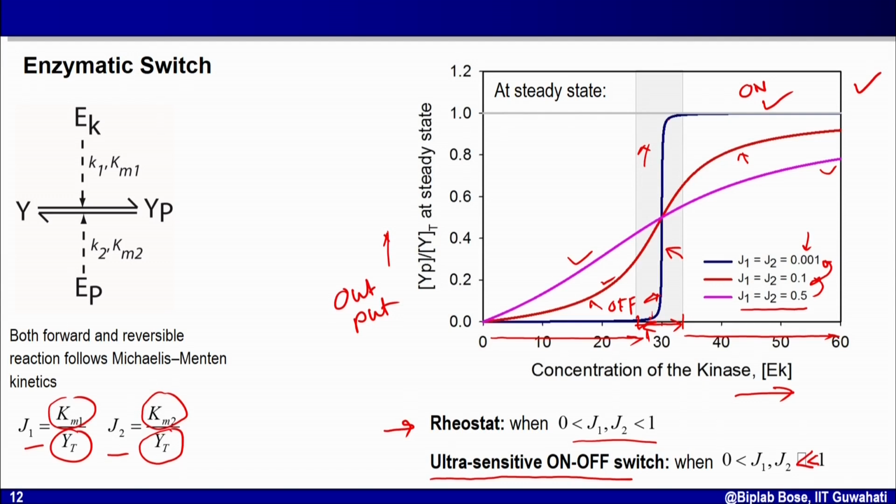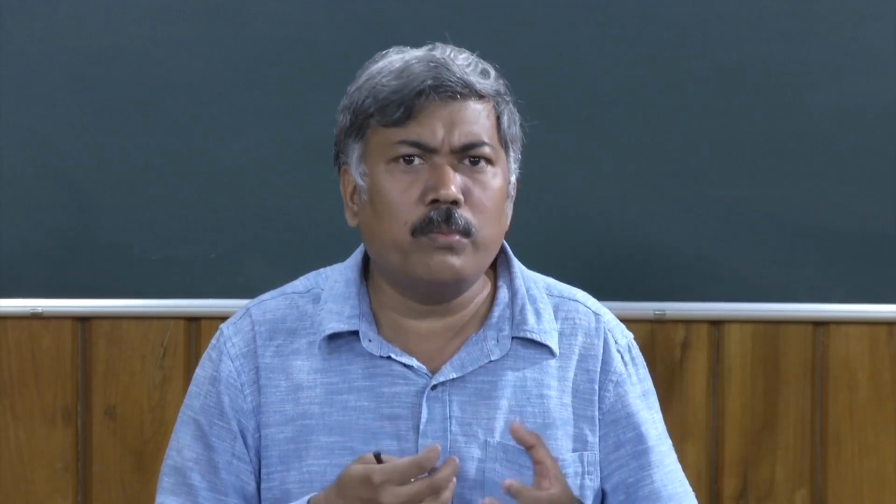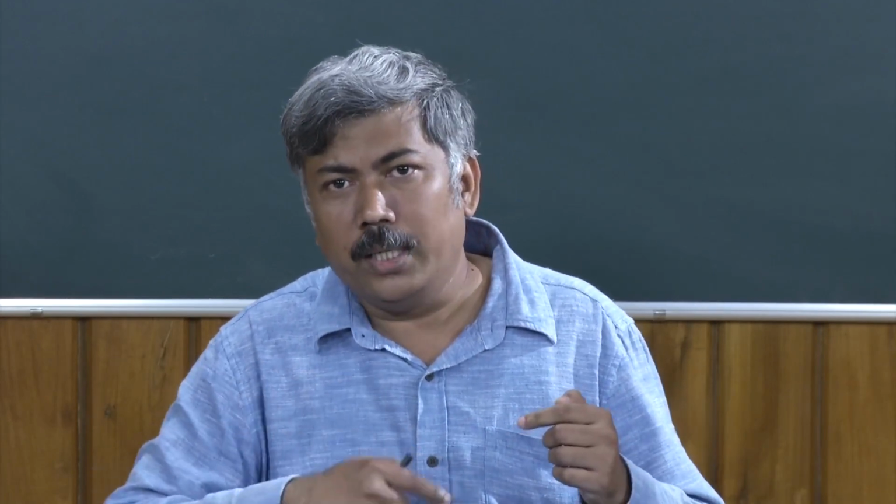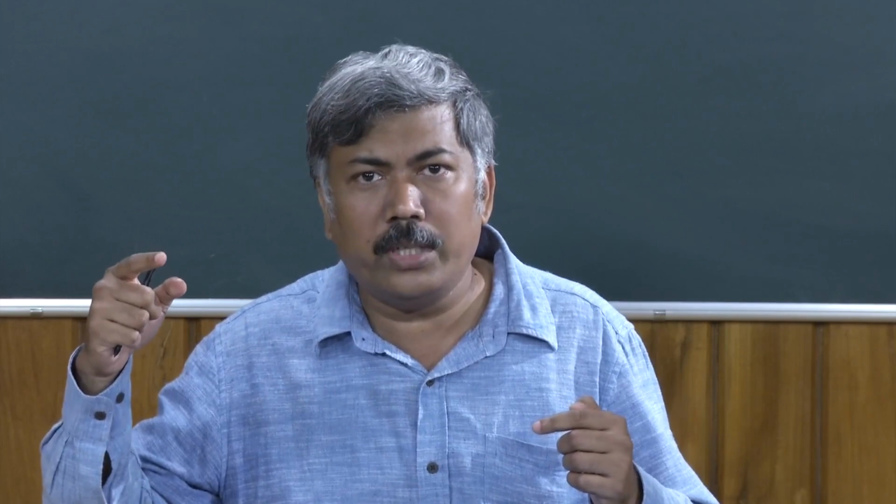But when the concentration of the total substrate is close to Michaelis-Menten, then I will get values of J1, J2 close to 1, and I will get this rheostat behavior. So depending on the substrate, the same input can give rise to a sharp on-off switch like input-output relation, or it may give a rheostat type slow, shallow increase in input-output dynamics.